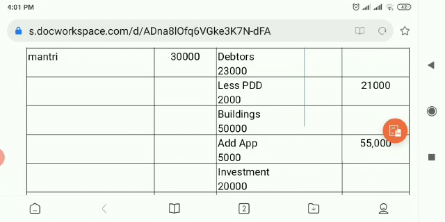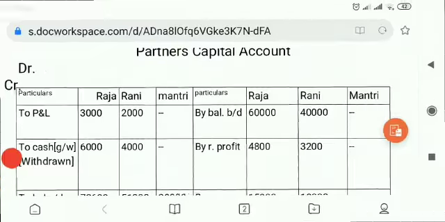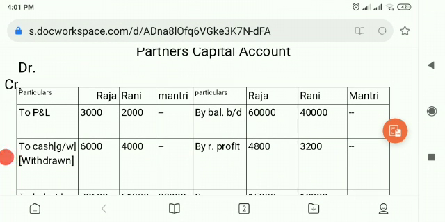If there is a decrease in the market price, we call it depreciation. If there is an increase, it will come to the credit side of the revaluation account, and if there is a decrease, it will come to the debit side of the revaluation account.